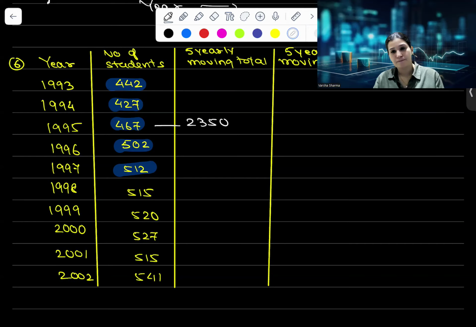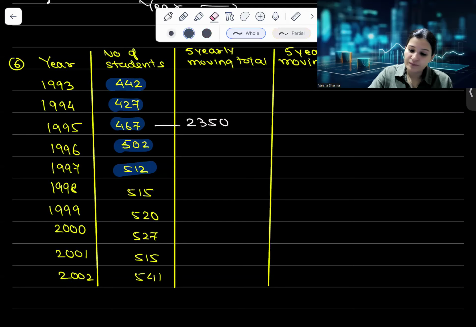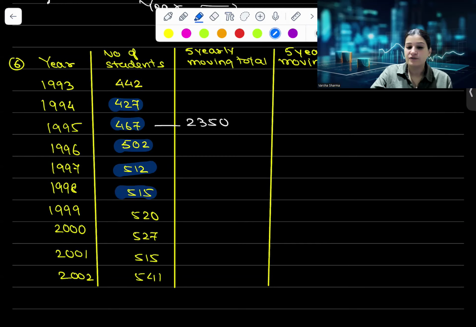No, ma'am. Now we will remove 442 and we are going to add 550. We will remove 442 and add 550. 2423. Very good.